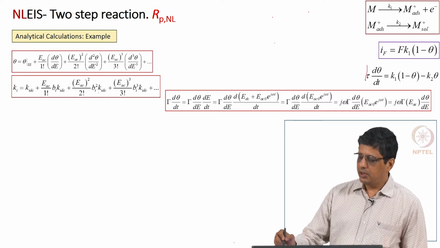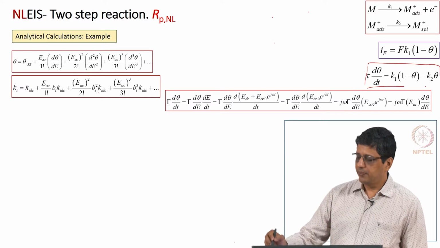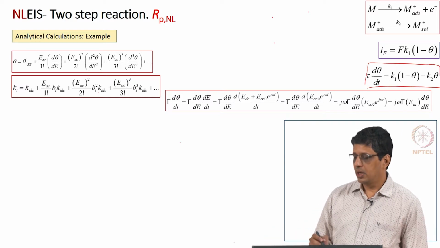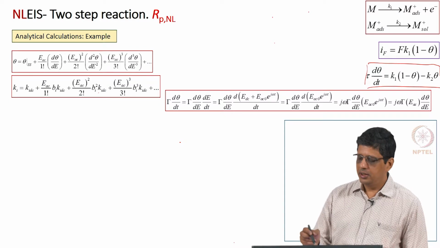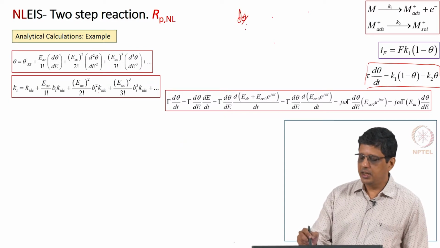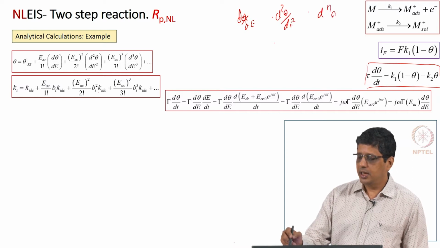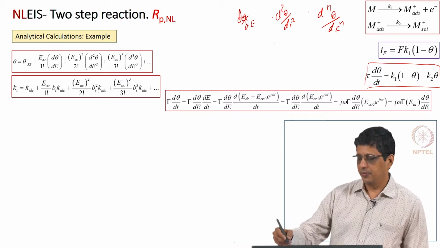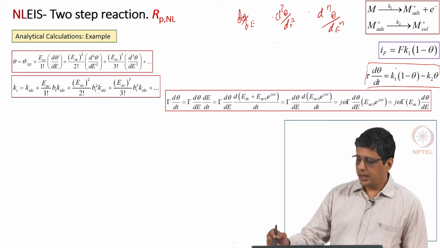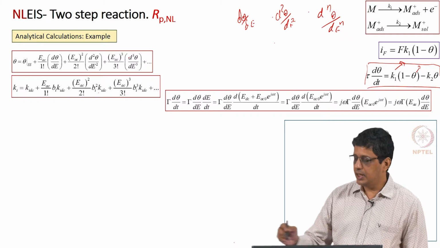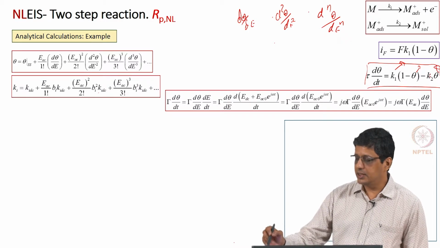So, basically I want to take this expression and find the value of d theta by dE. I want to find the value of d square theta by dE square. I want to find the value of d n theta by dE power n. So, I can write this easily, expand it, I can expand this in this Taylor series, I can expand this in the Taylor series, this is a constant.